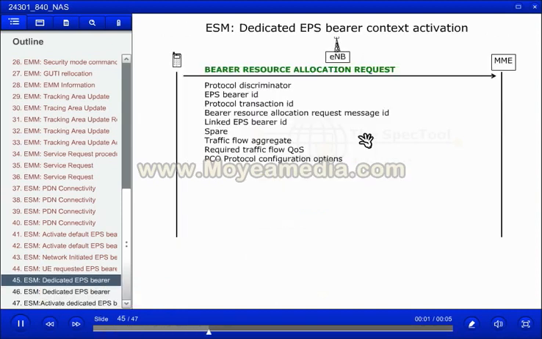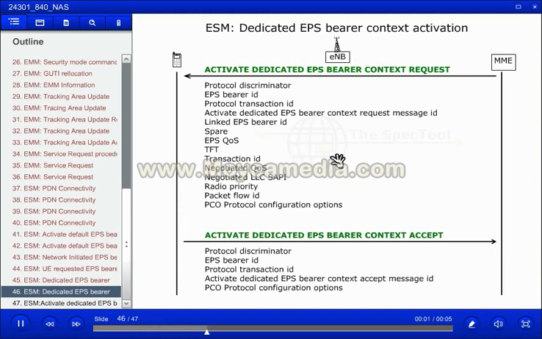The information elements in the bearer resource allocation request message. The information elements in activate dedicated EPS bearer context request and activate dedicated EPS bearer context accept messages.